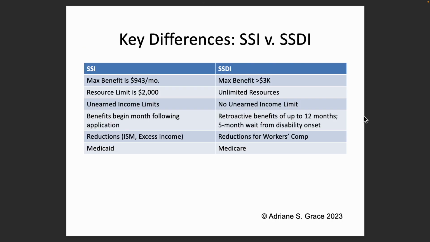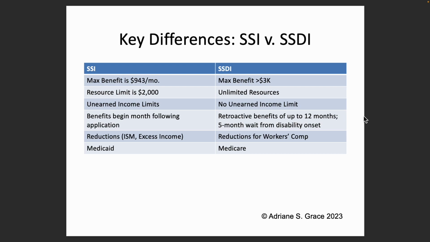All right, here are the key differences between these programs. So if you want to hold them in your head, SSI is when your kid turns 18, and SSDI is once they've worked, or you've retired, or a parent has passed away or other caregiver, because even if they're living with a grandparent and the grandparent passes away, they can get a Social Security benefit. Benefits are capped at $943 on SSI.